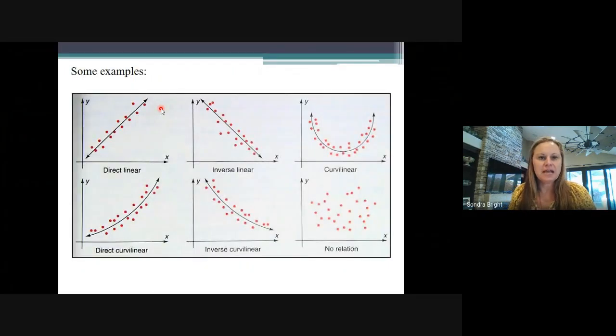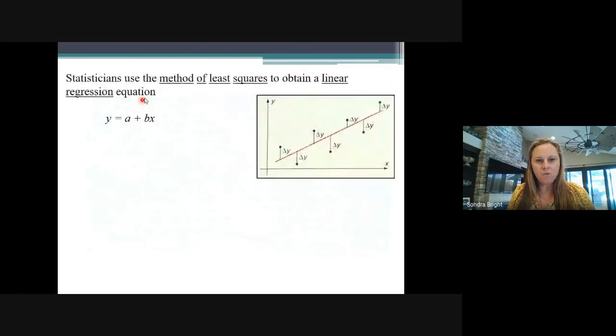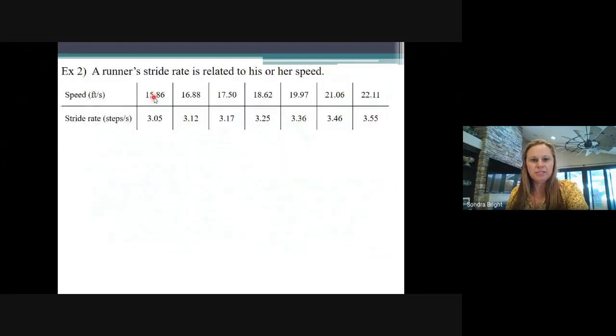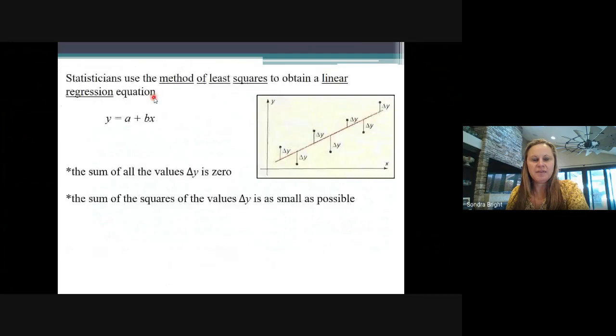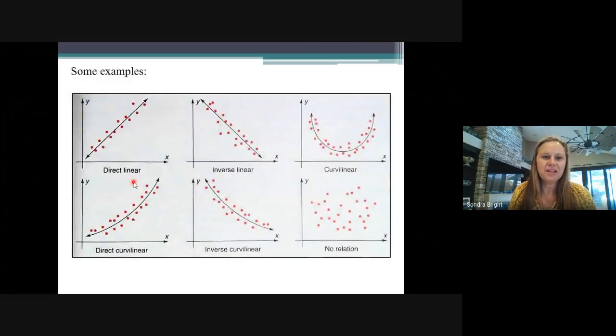This first one is a direct linear. There's a box for you to fill this in. Oops, let me go back, I hit a bunch of buttons. Did not mean to do that. Sorry. There we go. Direct linear. They're not all landing on that line, but they're basically all surrounding the line.